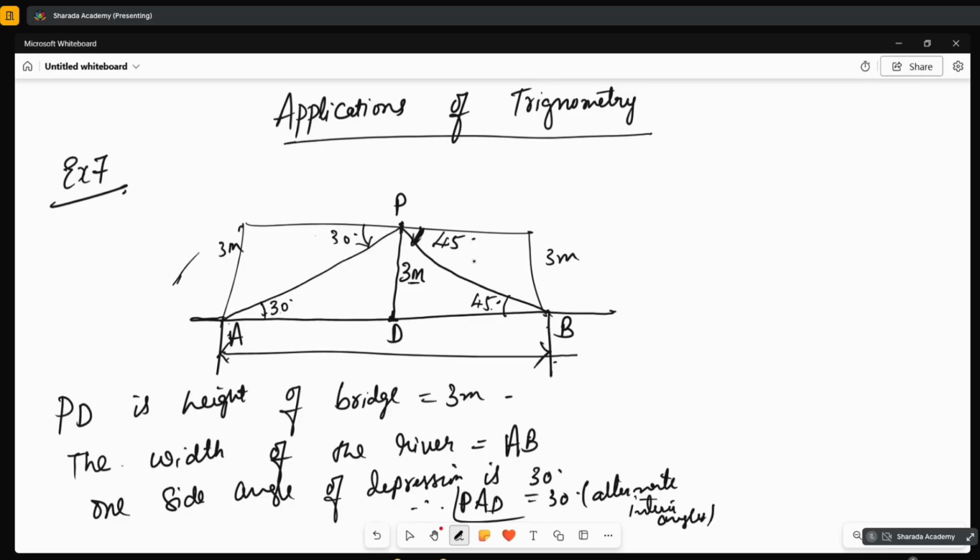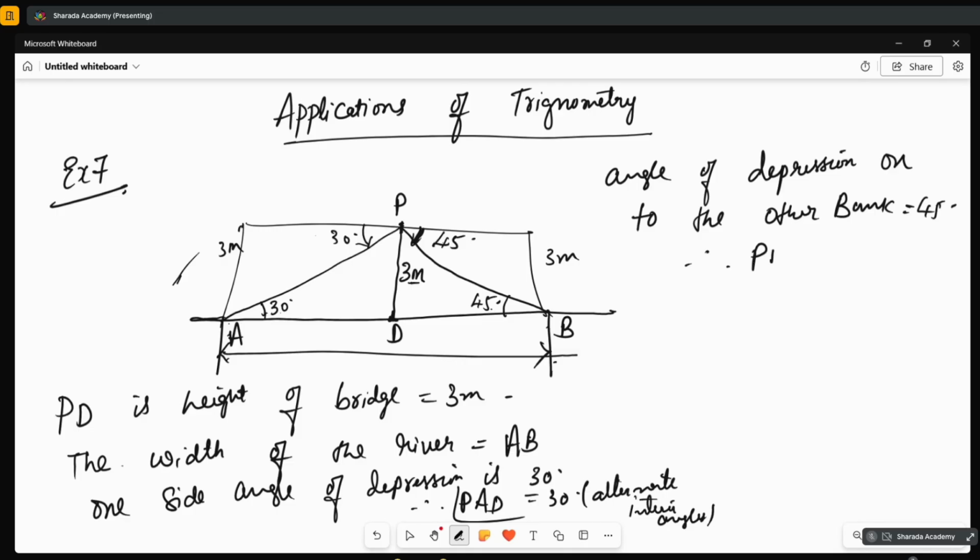Then for here, the same way, the angle of depression to the other bank is 45 degree. Therefore, PBD is equal to 45 degree. Now, in triangle PAD.